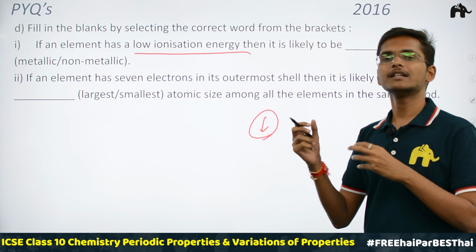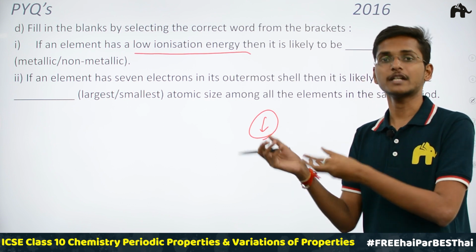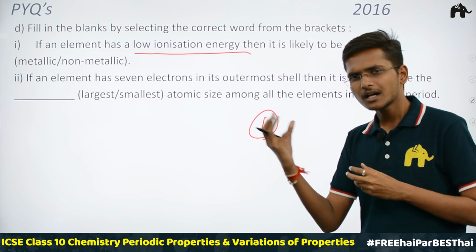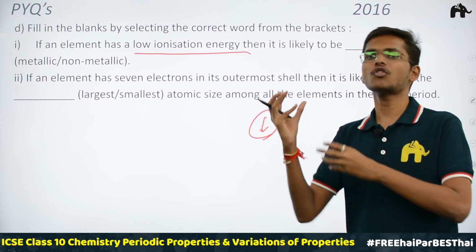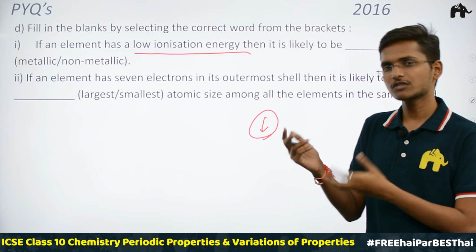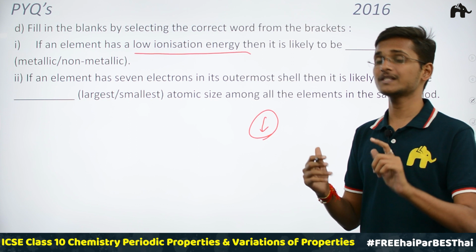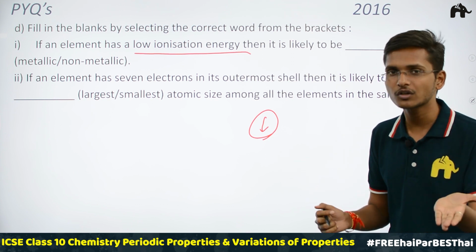Now, if less energy is required to remove the electron from the atom of that element, this means that the element is somewhat willing to lose the electron, right? That's why less energy is required. So it has the tendency to lose the electron, correct?